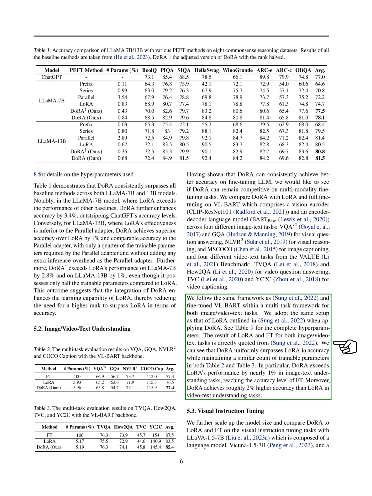Our results show that DoRA consistently outperforms LoRA in accuracy across all tasks, maintaining a similar number of trainable parameters. Specifically, DoRA surpasses LoRA's performance by nearly 1% in image text tasks and by approximately 2% in video text tasks, reaching the accuracy level of full fine-tuning in some cases.